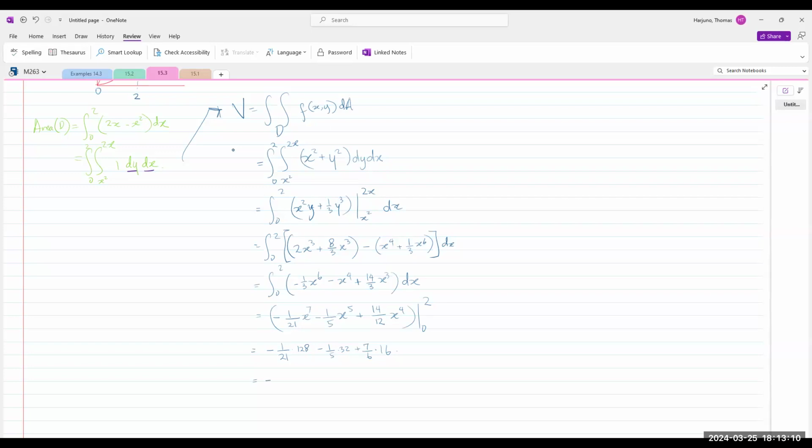Well, anyway, negative 128 over 21 minus 32 over 5 plus 8 times 7, 56 over 3. Yeah, then you compute it from there. I look at the book, I get 216 over 35.